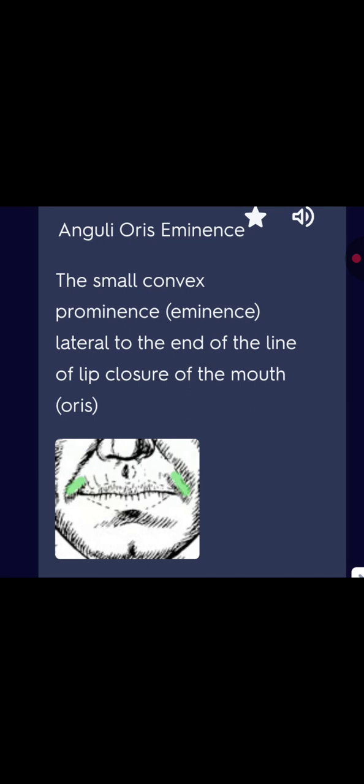This extends from the superior part of the posterior margin, which just means towards the back of the wing of the nose, to the side of the mouth. Extends from upper part of furthest back margin of nostril flare to side of mouth, basically.